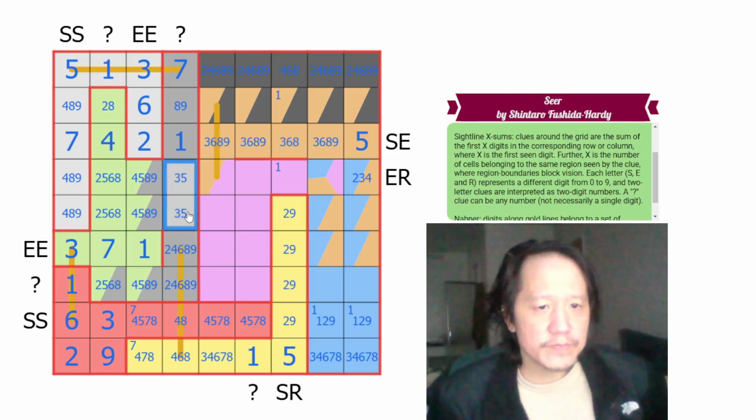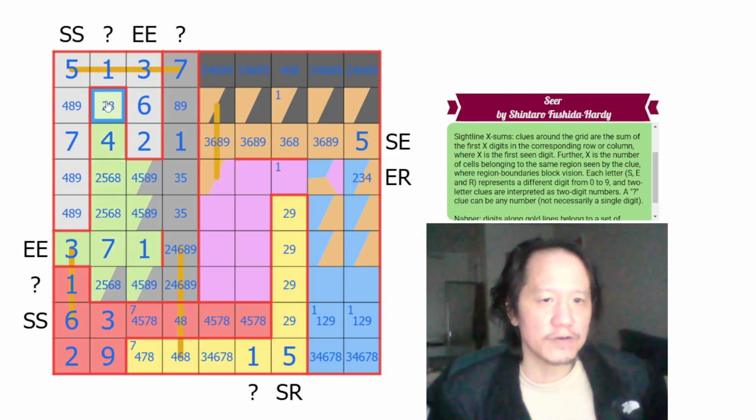5. 5 can only appear once in these two cells. And okay, so 5 has to be in one of these 3 cells for green, and it's already in gray in the 3, 5 pair here.